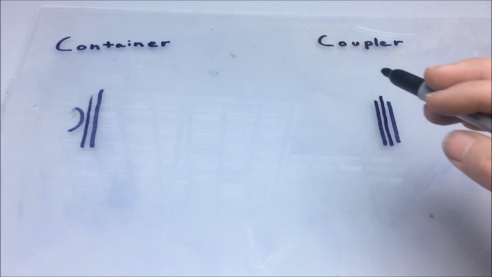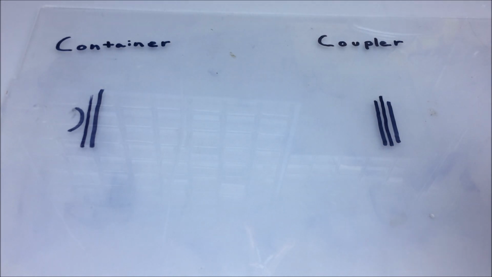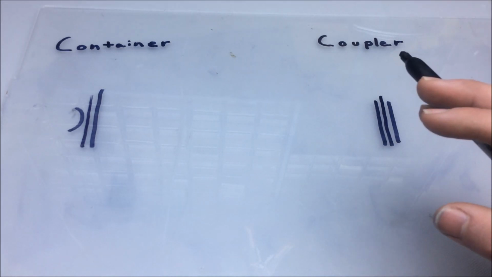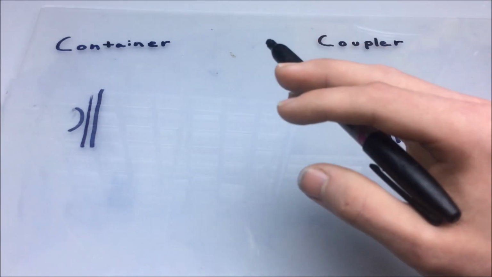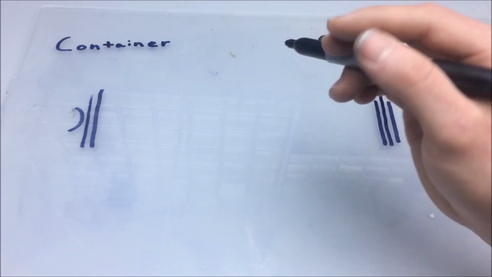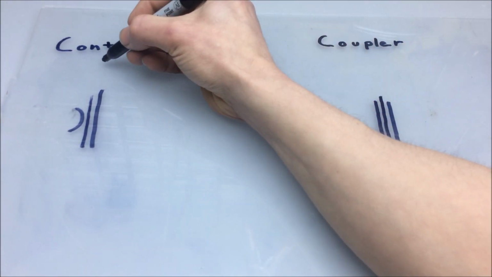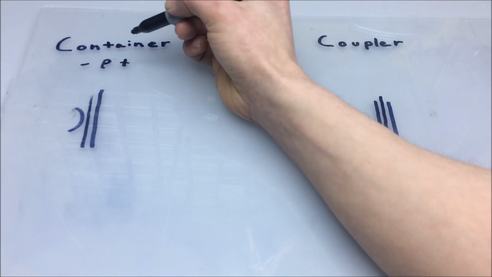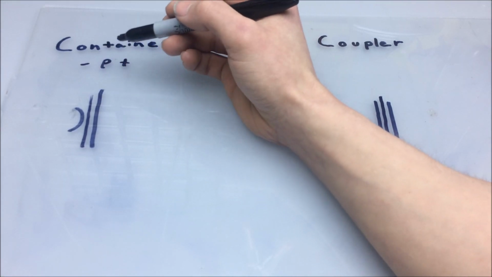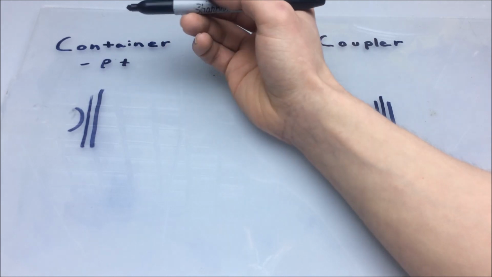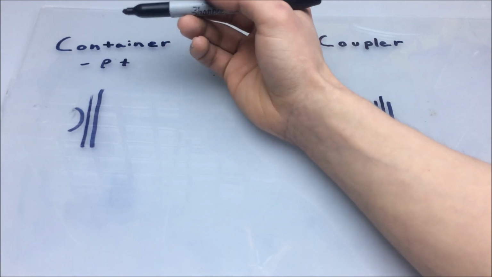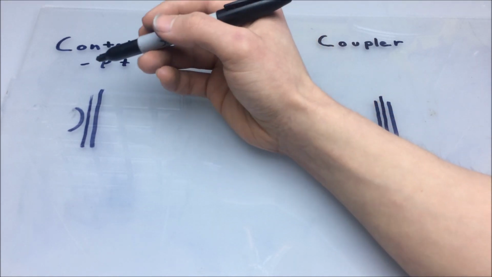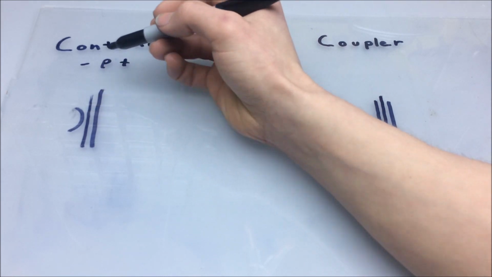Now these can both hold electrons, which is why I say that all couplers are containers, but not all containers are couplers. A container can only hold electrons on one side. I'm going to put a P here for the source of power, and I'm going to draw a negative and a positive. And a container is used in a situation where, if you have choppy drawn circulation and you want a more smooth circulation, you can use this to make it more smooth.